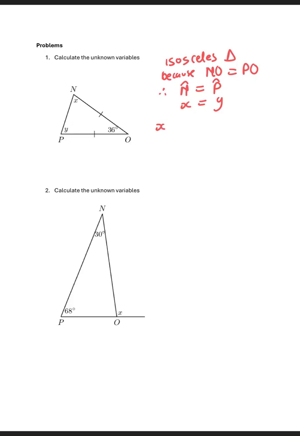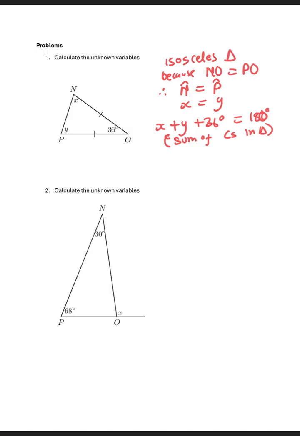So therefore, we can now start. We can say X plus Y plus 36 is equal to 180. Reason: sum of angles in a triangle.